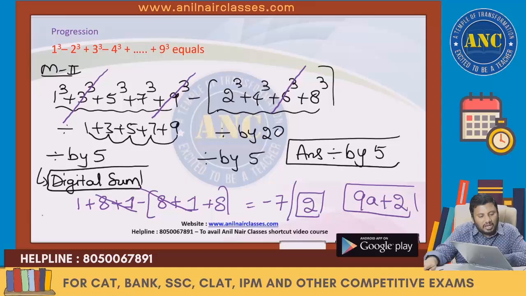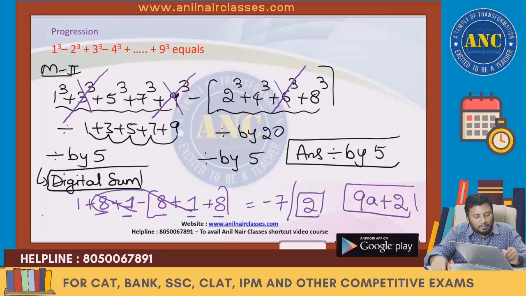1 cube plus 3 cube is 27, which is out. 9 cube and 6 cube are out. 5 cube is 125, 8 plus 1. 343 is 1. 4 cube is 64. 8 cube is 512, 8. 8 plus 1 minus of 8 plus 1, it is out. 1 minus 8 is minus 7. Positive remainder should be 2.